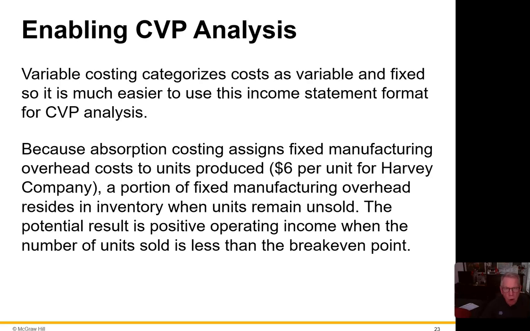Because absorption costing assigns fixed manufacturing overhead costs to units produced, in the last example that was $6 for the Harvey Company, a portion of the fixed manufacturing overhead resides in inventory when units remain unsold. The potential result is positive operating income when the number of units sold is less than the break-even point.